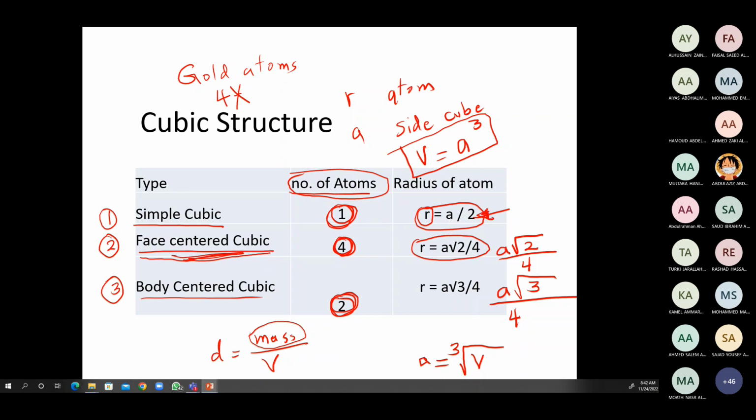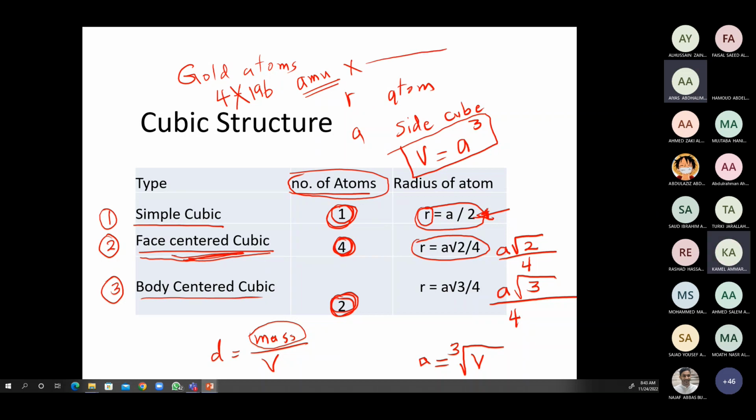What's the number? 196.97 AMU. How can I change this to gram? Divide by Avogadro number, 6.022 times 10 to the power 23. AMU is 1 gram.